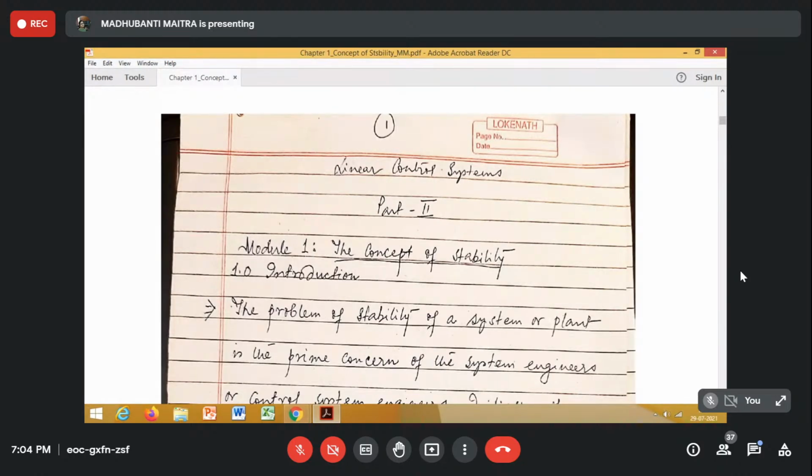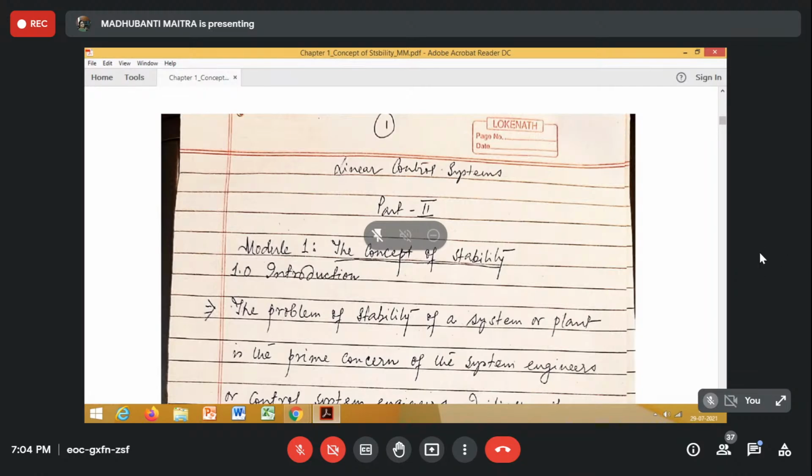Okay. So first chapter, concept of stability. Now, the notion of stability is always associated with a system, right? So that means given a system, the first task that we do as a system engineer or control system engineer is to judge, or try to ascertain, whether the system is a stable one or not.